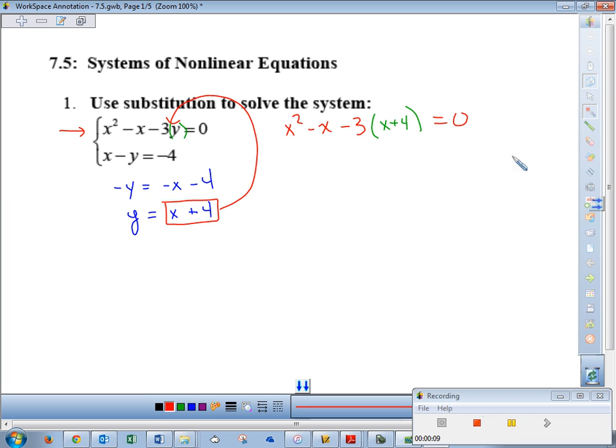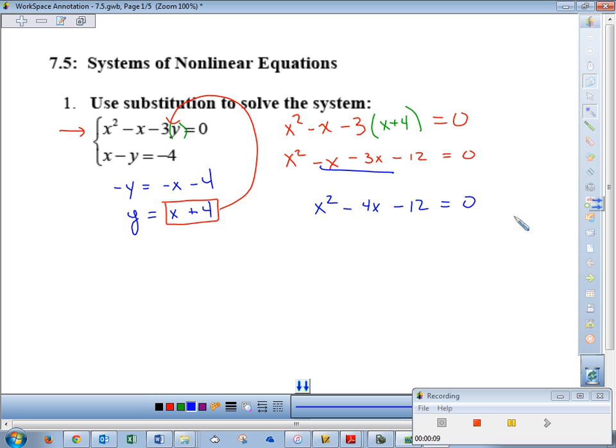Cool with what I've done so far? I will clean this up a little bit. This is x squared minus x minus 3x minus 12 equals 0. Correct? These are like terms. x squared minus 4x minus 12 equals 0.